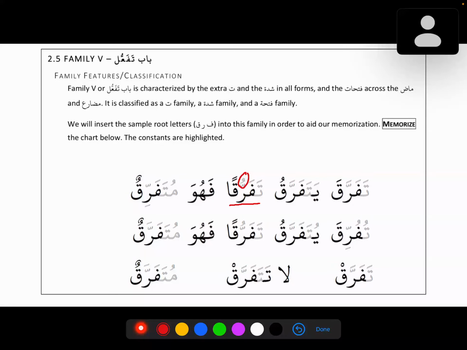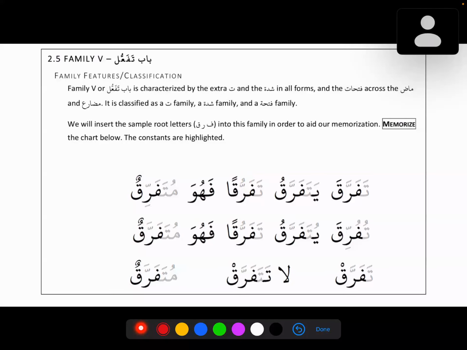That's it. We will see more examples, inshallah, and that will help to sync the concept. So the masdar, the middle root letter would have dhamma on it, tafarruqan. Okay, any other question regarding this template?